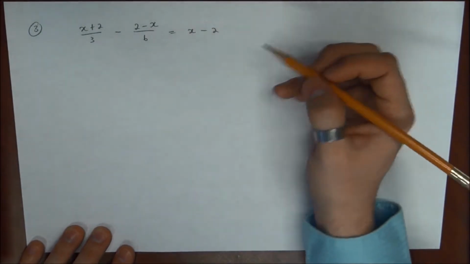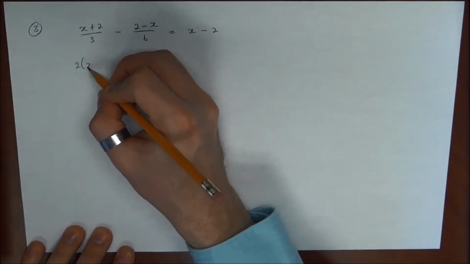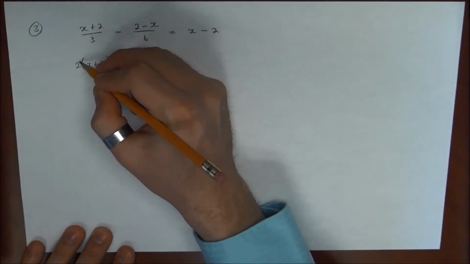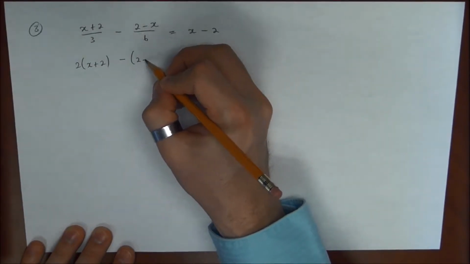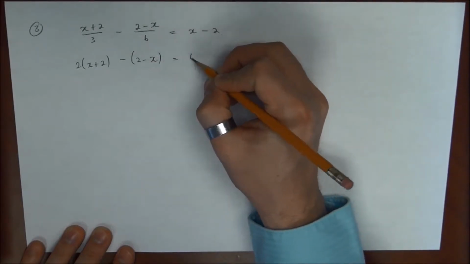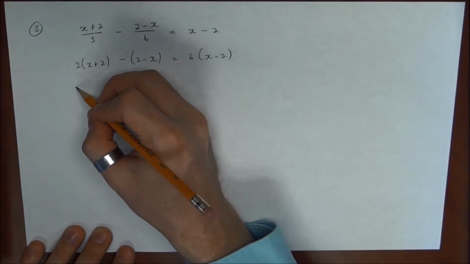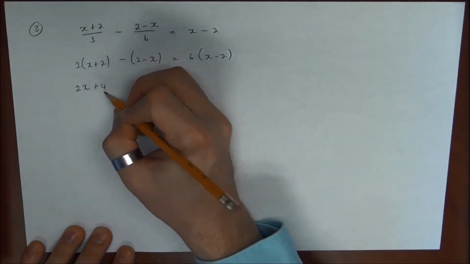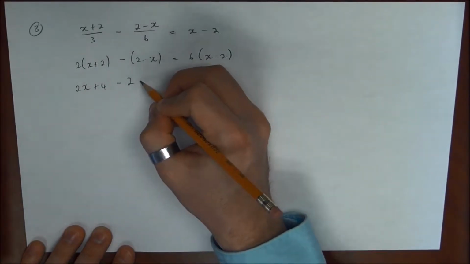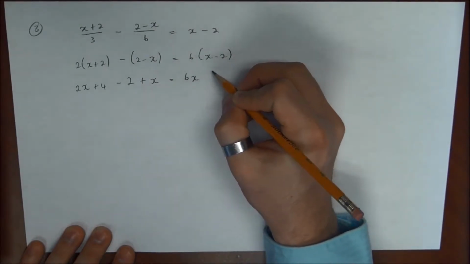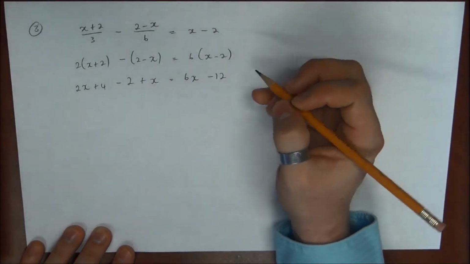So I'm going to multiply throughout by 6 to get rid of the fractions. And then 6 over 3 is 2, minus 2 minus x equals 6x minus 2. Now I'm multiplying into the brackets, 2x plus 4, negative 2, two negatives make a positive x, 6x minus 12.